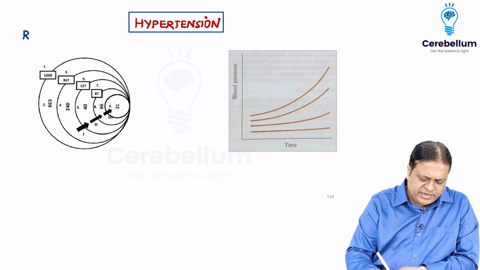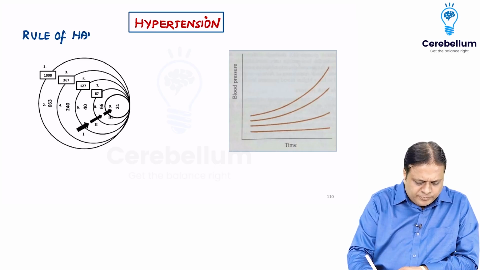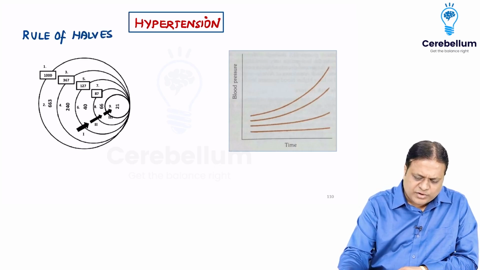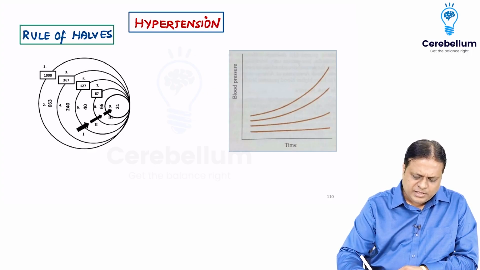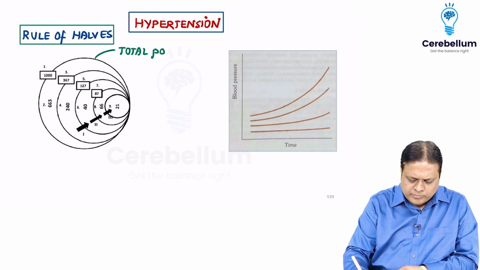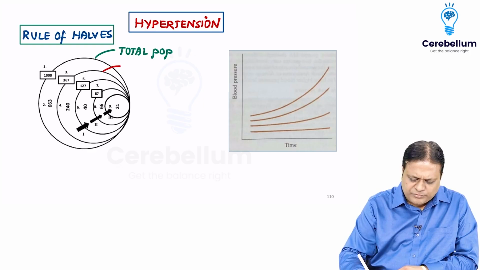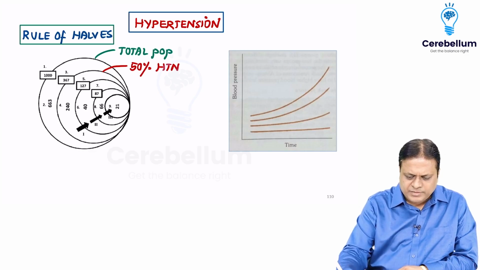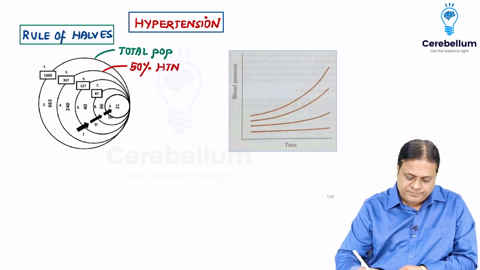Image on the left side represents the rule of halves. Now what exactly is the rule of halves? It says at any point of time, if you look at the total population, around 50% of them would have hypertension, whether they know it or not.